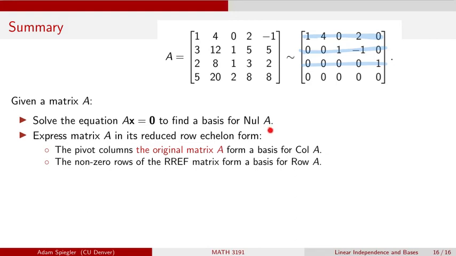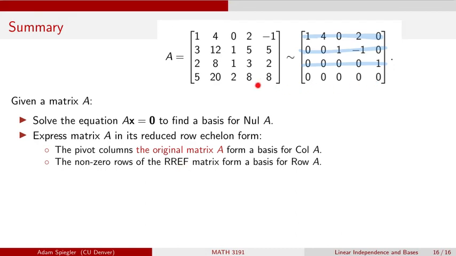When it comes to looking at the row space and the column space, we need to be a little bit careful. When we're looking at the row space of matrix A, we do want to take this matrix and write it in row echelon form. We don't have to go all the way to reduced row echelon form, but that would do as well.